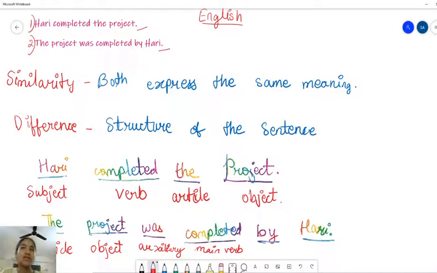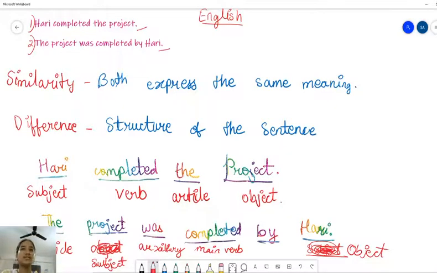Now the subject has come at the last. So now it has become the object, and now the subject is the project. So it has interchanged. In the first sentence it was the object, but now it has become the subject. There is a kind of interchange you can see.